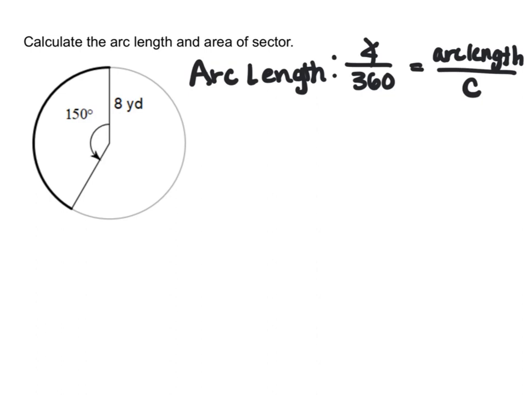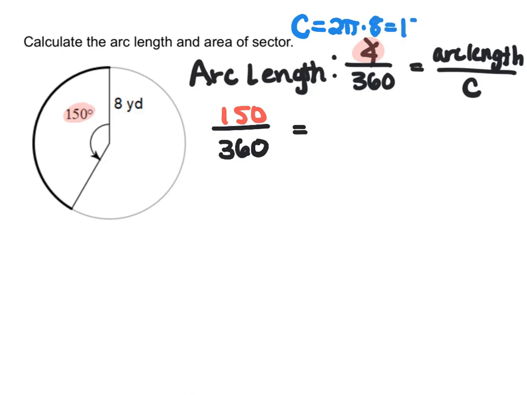Now we know from the diagram that the angle or arc is the measure given here. So I can write it as 150 over 360 equals the circumference, which we can determine is 2 pi times 8, so it equals 16 pi.